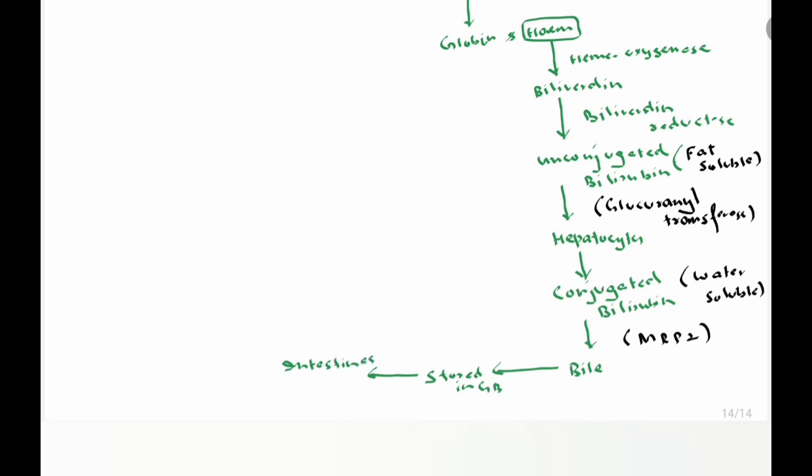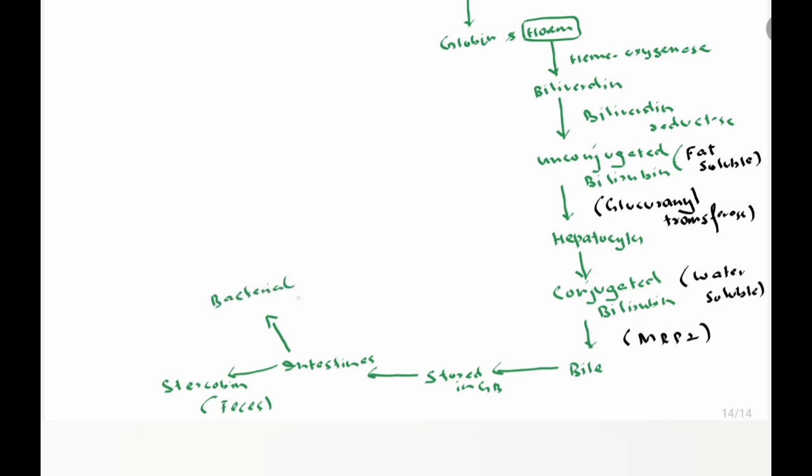In the intestines it is either excreted via feces in the form of stercobilin or it is acted upon by bacteria and is deconjugated and it goes to blood circulation in the form of urobilinogen.